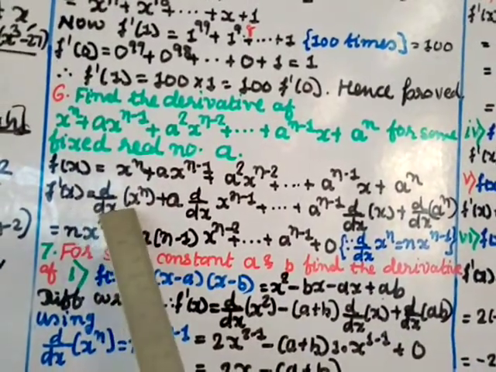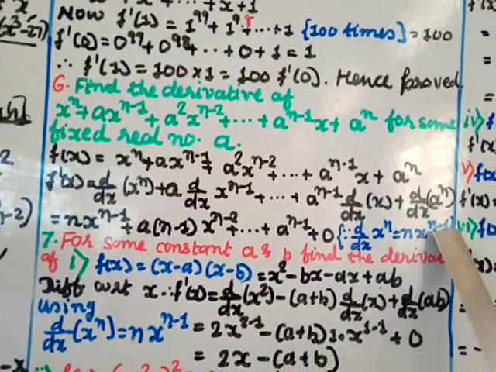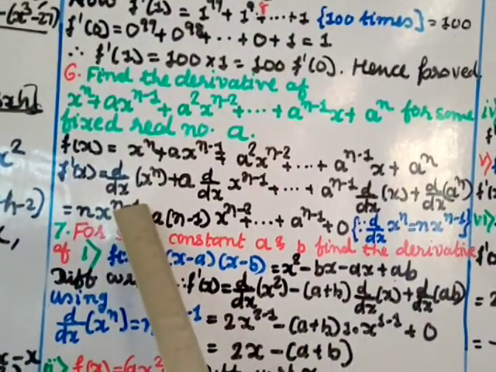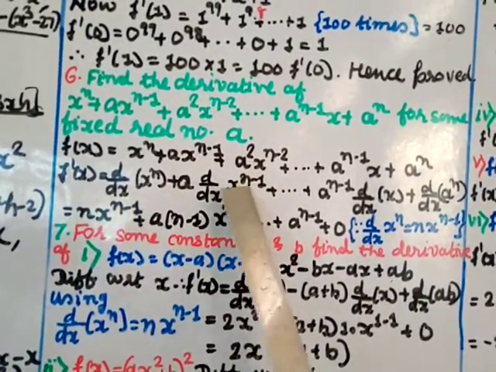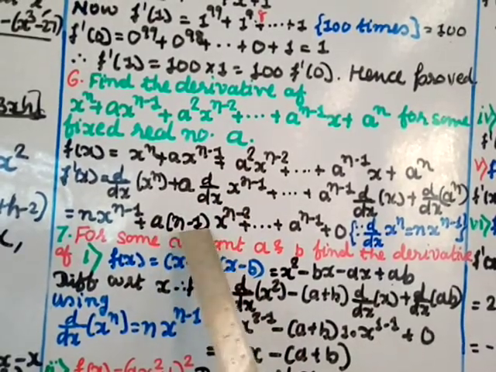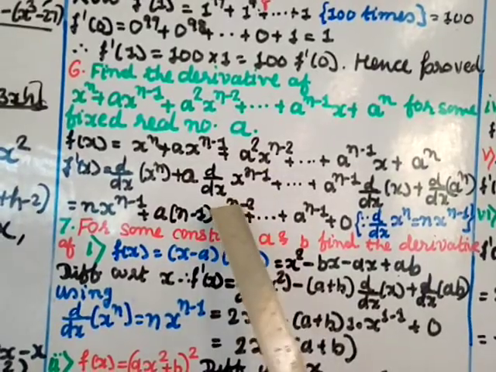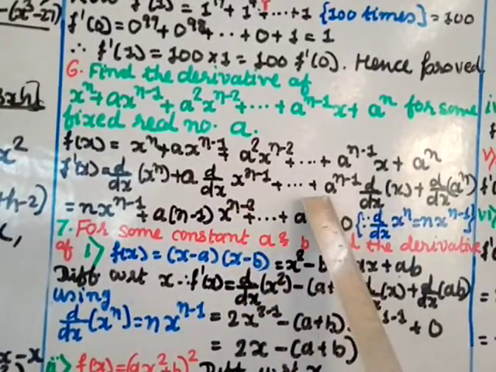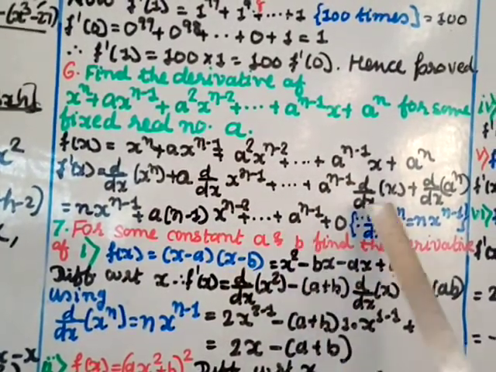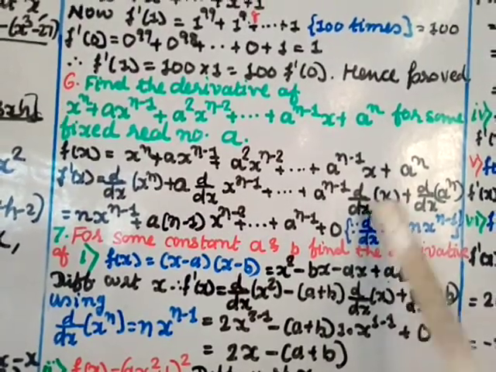So d by dx of x power n is n into x power n minus 1, plus a as it is, and here instead of n it is n minus 1 into x power n minus 1 minus 1, which gives n minus 2, plus up to plus a power n minus 1 as it is, and the derivative of x is 1.